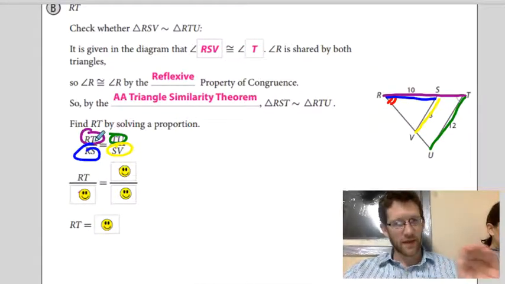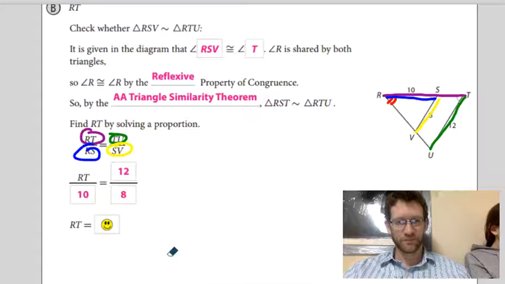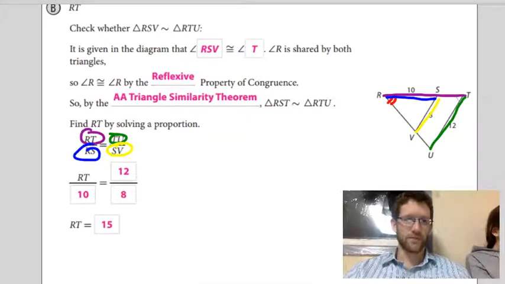Okay. Again, there are multiple ways to set up these ratios, but the important thing here is that we've set them up so that in this case the corresponding sides here make a ratio, and this corresponding side here makes a ratio. So then we can just fill in our blanks. Solve for a missing side. Multiply, divide, we get 15. Cool.